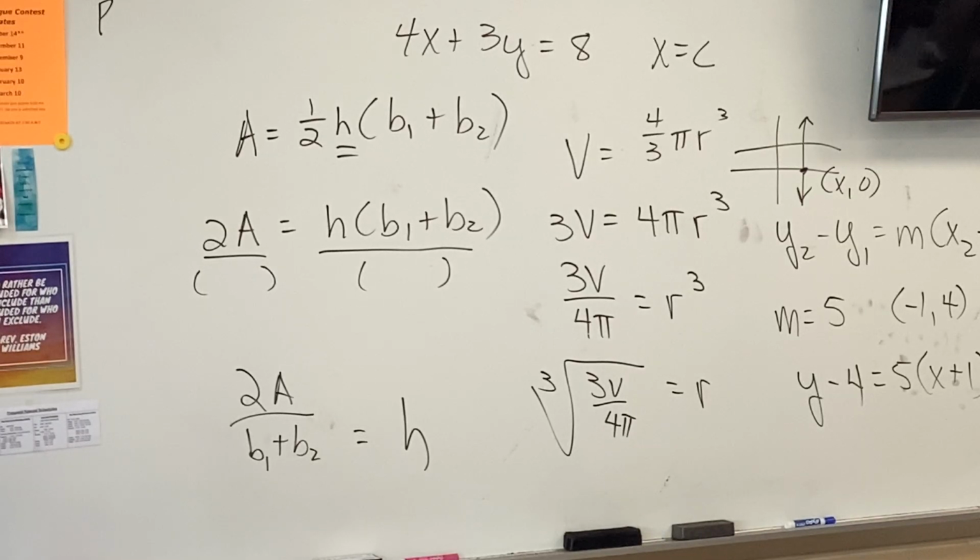Parallel lines have the same slope. Perpendicular lines have opposite reciprocal slopes. All right, we'll stop there. We'll pick up there tomorrow.